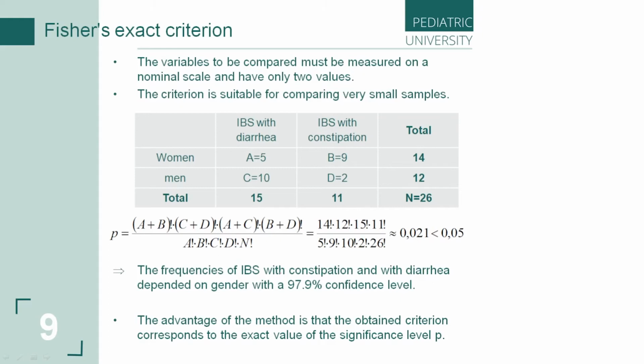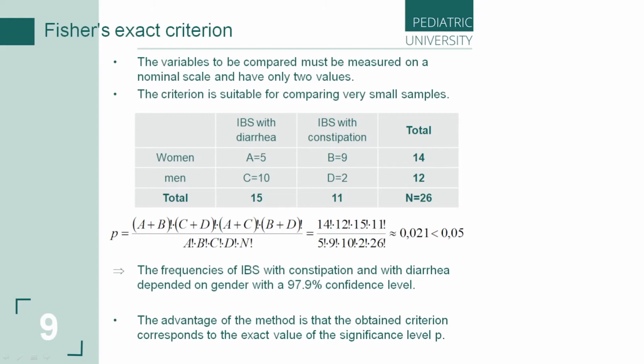It isn't called the exact criterion for nothing, but its main disadvantage is the large calculations. For large samples, you can often not have enough computing power in the software package. In such a case, when there is no possibility to calculate the exact Fisher criterion, consider the Pearson chi-square criterion.